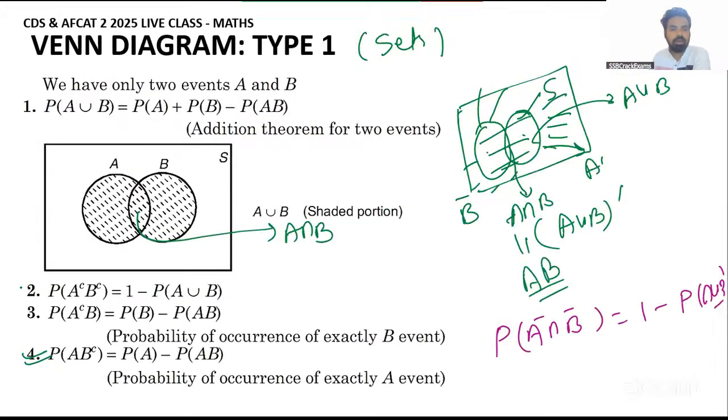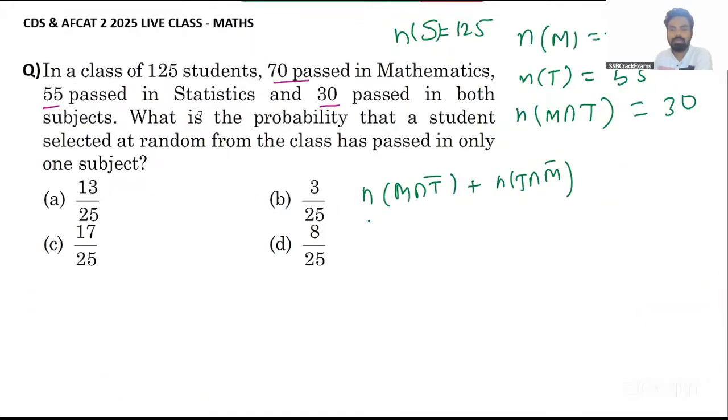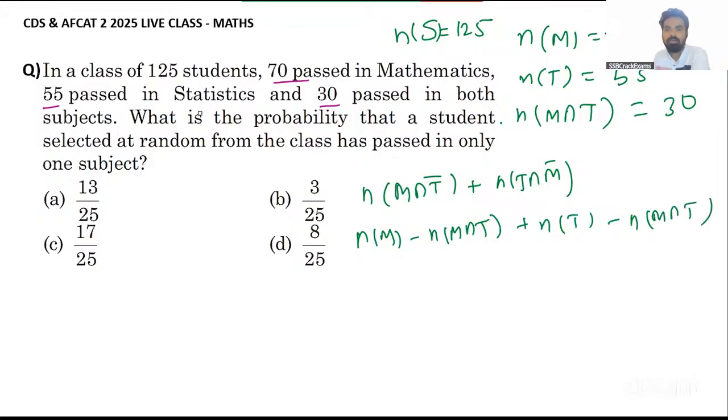Whatever is in the common portion, you need to subtract it. So it is n of M minus n of M intersection T plus n of T minus n of M intersection T. It is 70 minus 30 plus 55 minus 30 again. So it is 125 minus 60, which is 65.